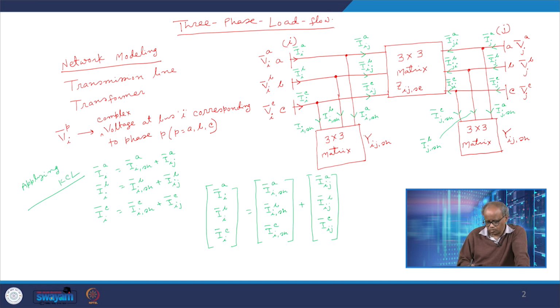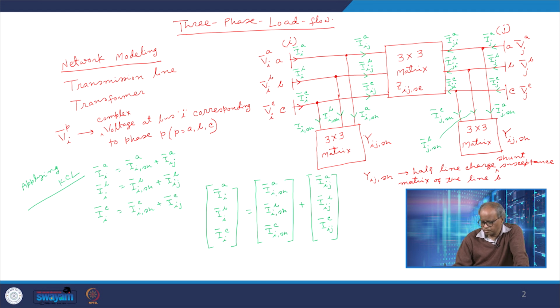So let us write it: Y_ij shunt is the half line charge shunt susceptance matrix of the line between bus i and bus j.